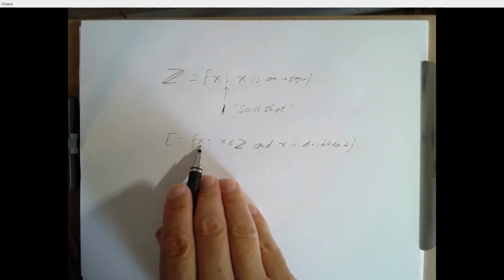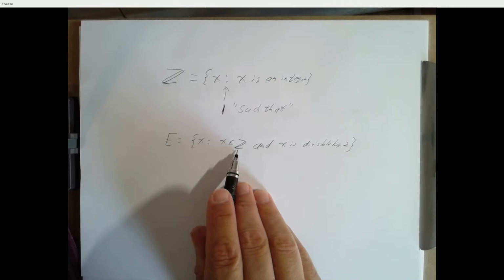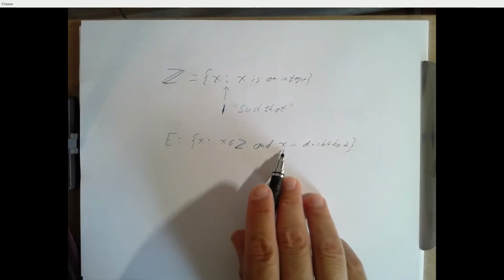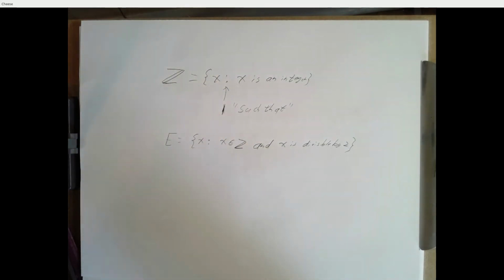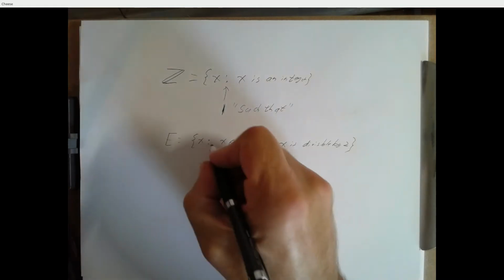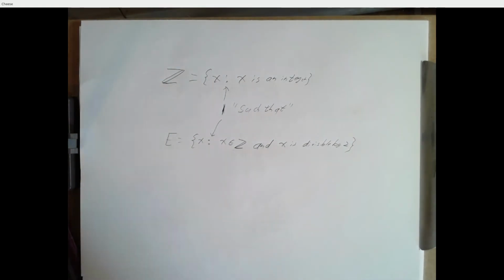It's the set of all things X such that X is a member of this set Z, the set of integers, and X is divisible by 2. So it throws away 1 and 17 and negative 5, but it keeps 2, 4, 6, 10, and so on. So we'll use this notation such that quite a bit when we define sets.